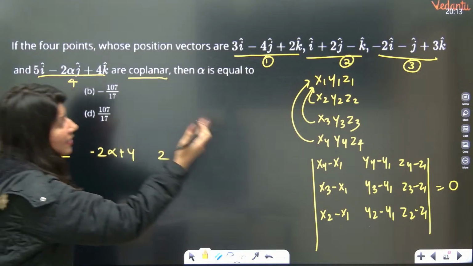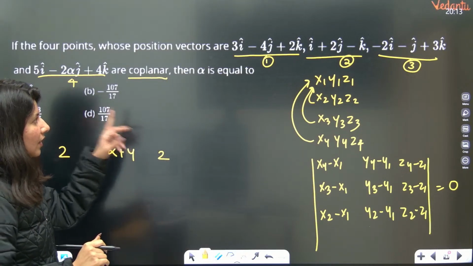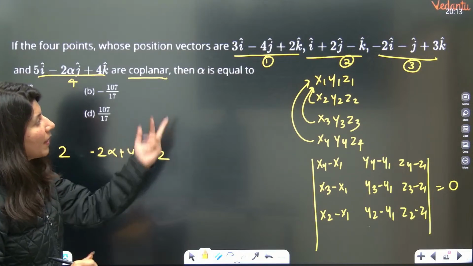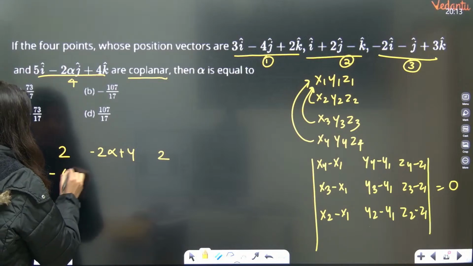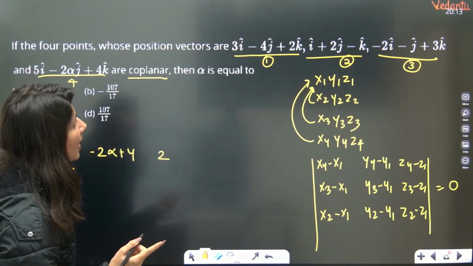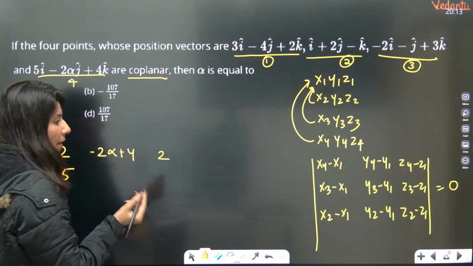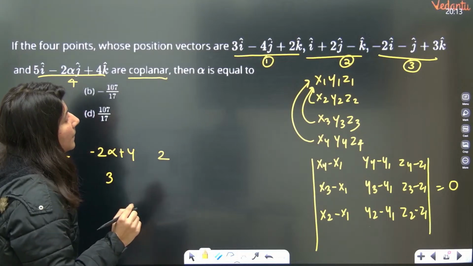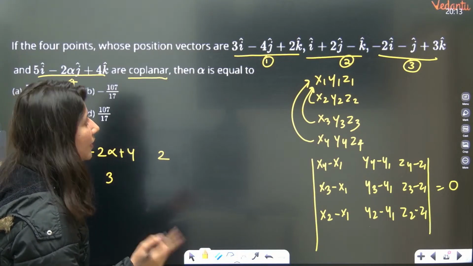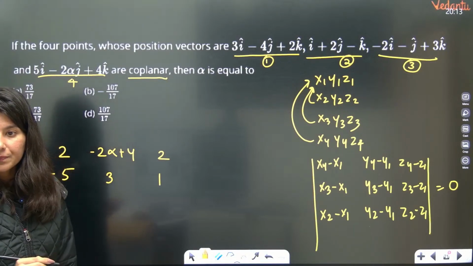Now 3 minus 1 is minus 2, minus 3 is minus 5. Then 3 minus 1, minus 1 plus 4 is 3. Then 3 minus 2 is 1. Minus 5, 3, 1.